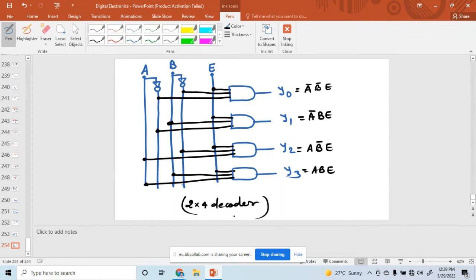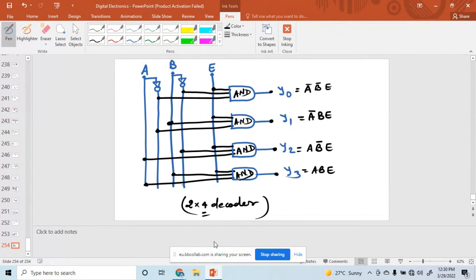This is the internal circuit diagram. When you design a 2 to 4 decoder, 4 AND gates are needed. When you design a mux, an OR gate is needed. When you design a demux, only AND gates are needed. And here you have also designed the decoder, and you needed only AND gates.